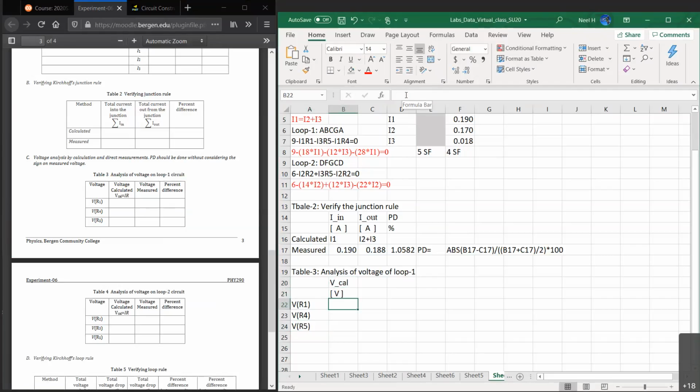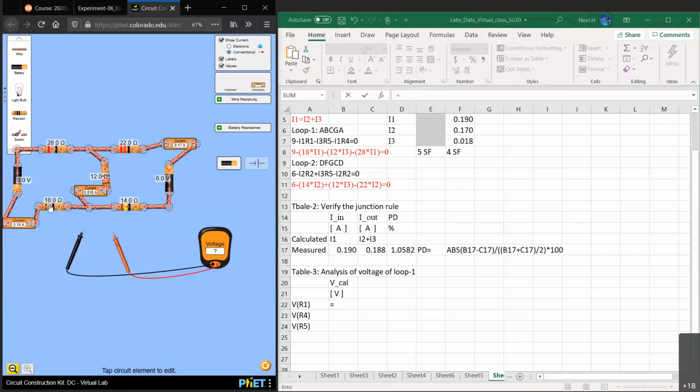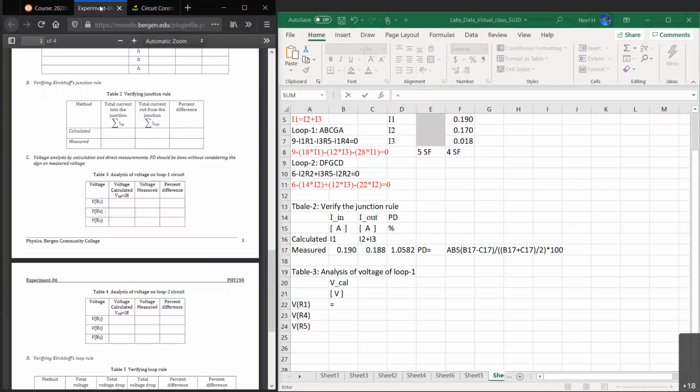So you know the R1 value, which is 18, current passing through that is 0.19, right? Voltage across R1 we're expecting is the current passing through, 0.19, times the value of R1, 18 ohms. So that's the voltage we're going to expect. Then we will measure that voltage here.